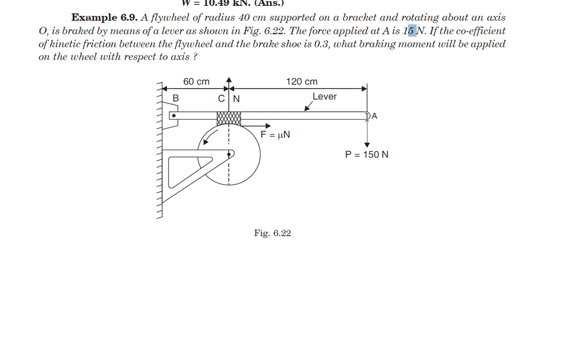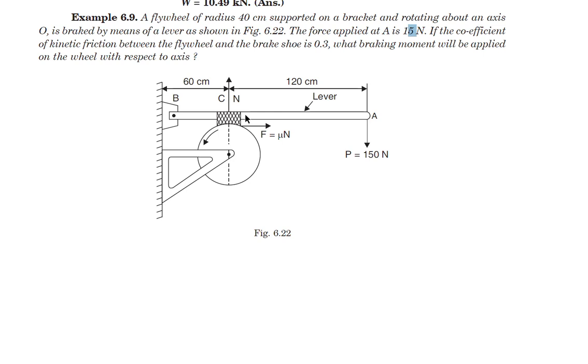Now how we have to solve this problem is we will find the total friction force, considering that N is the reaction at this shoe, between the shoe and the wheel. The total friction force will be F equals mu times N, where mu is the coefficient of friction.